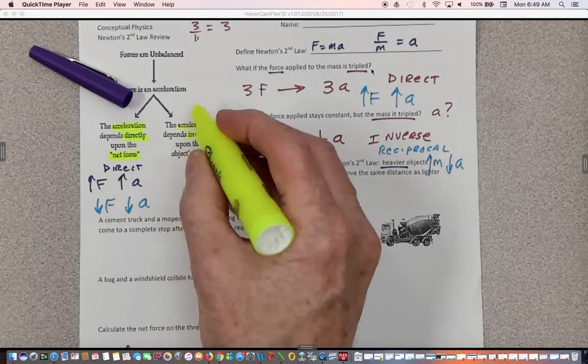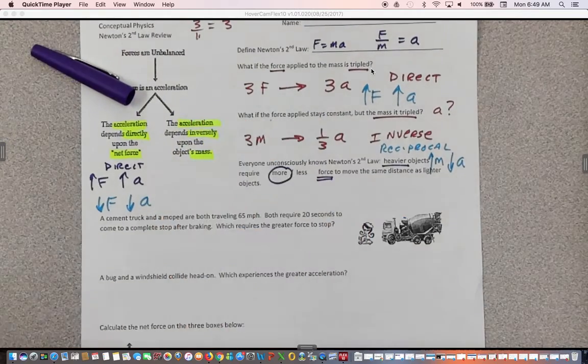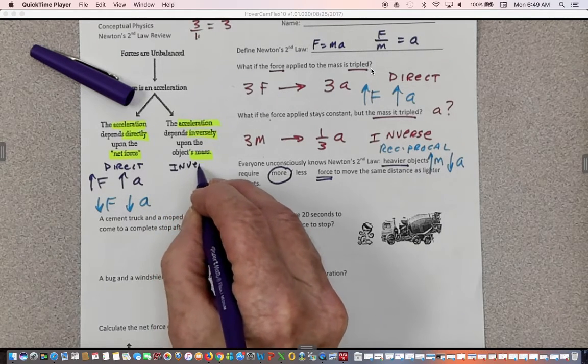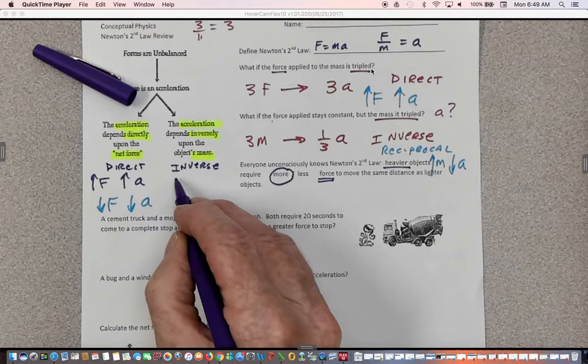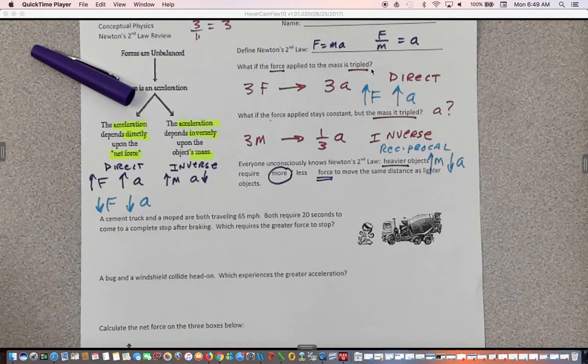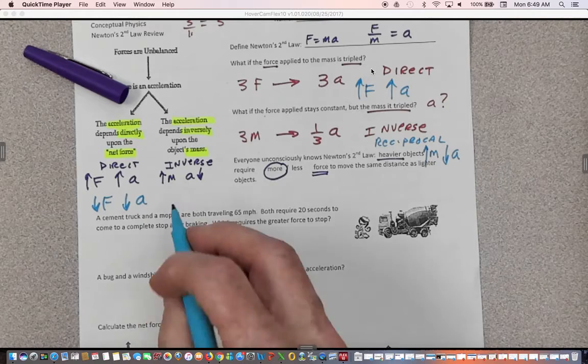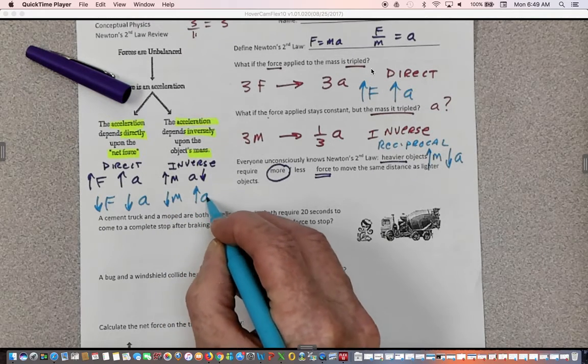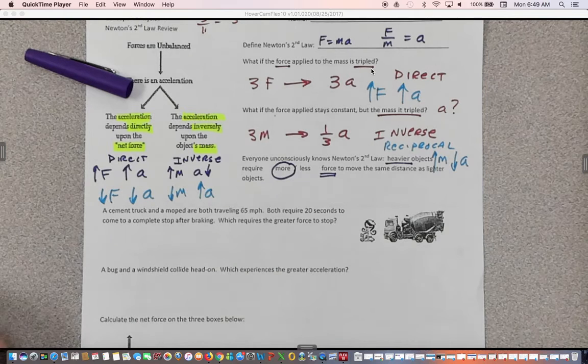Let me highlight this a little better. This is an inverse relationship. If mass increases, acceleration decreases. If mass decreases, acceleration increases. Just remember, if you're a big mass, you're going to have a small acceleration. It's about that easy.